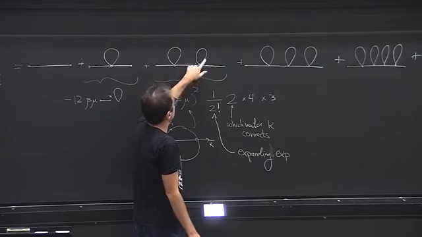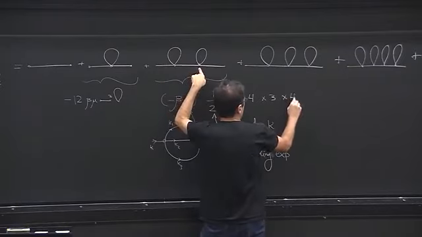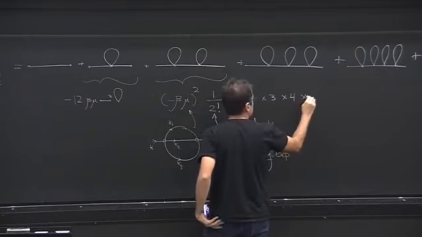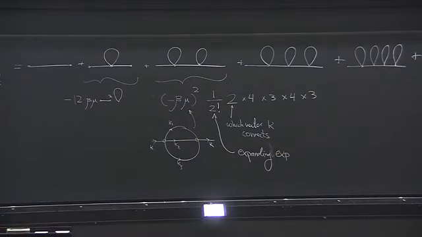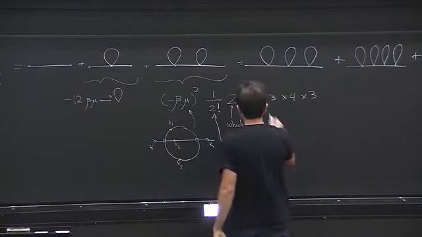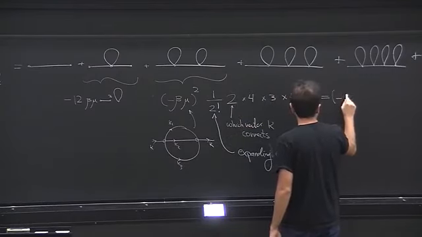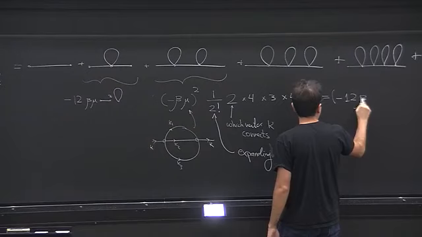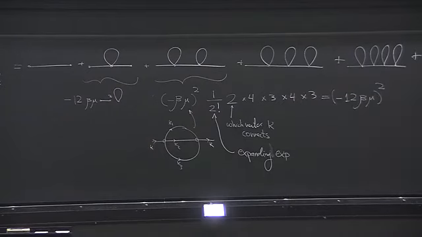Here I have to choose which one is connected to that guy, 4, and then which one connects to minus k, 3. Do you agree? Just ways of counting. So what happens is that 2 cancels with 2, and 4 times 3 is 12. So in total, we got minus 12 beta mu square. So it was just the square of the coupling of the first graph.